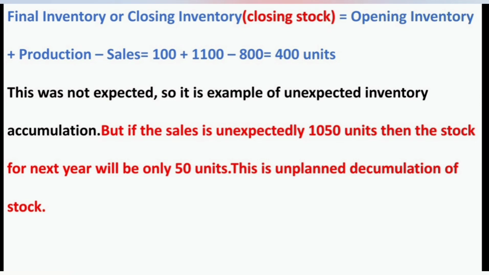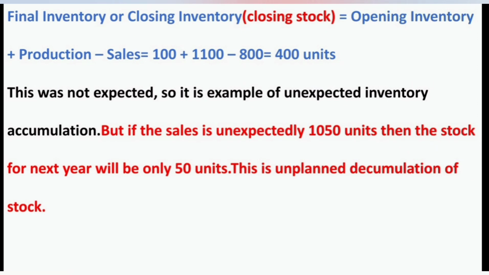So its expected stock was 200 units. Instead of that, due to unexpected fall in sales to 800 units, the unplanned accumulation of stock becomes 400 units. So it is an example of unexpected inventory increase or accumulation.